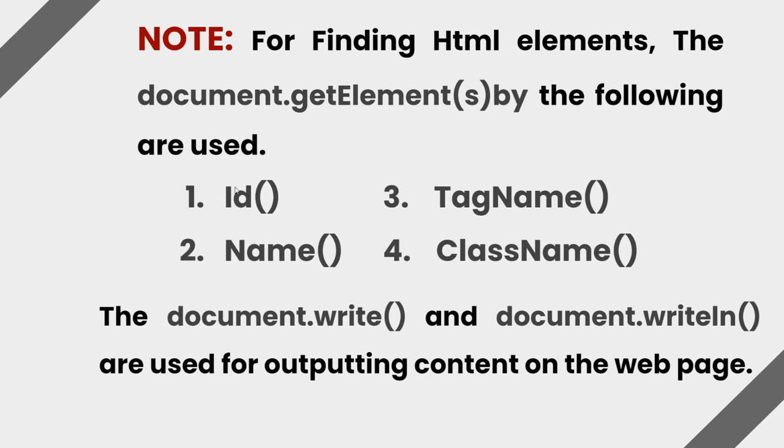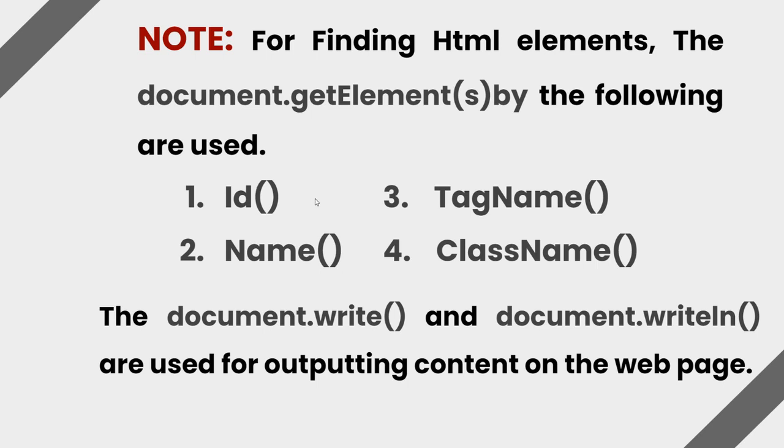But for the first one, which is the ID, you can only reference just one HTML element. And so all of them put together are used when it comes to finding HTML elements in JavaScript.